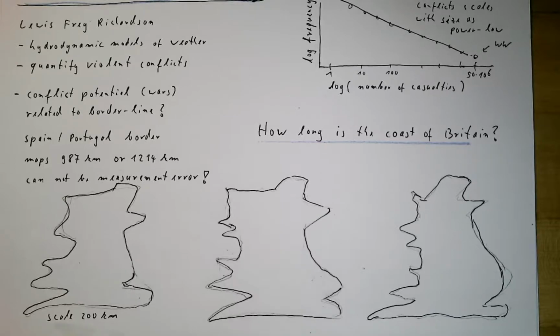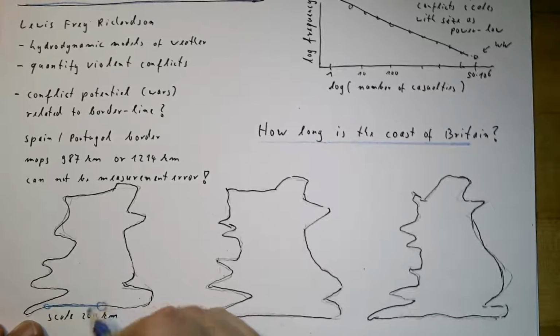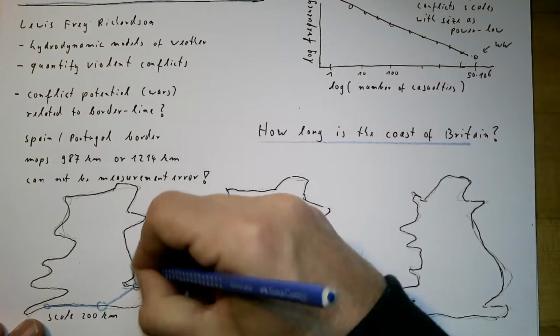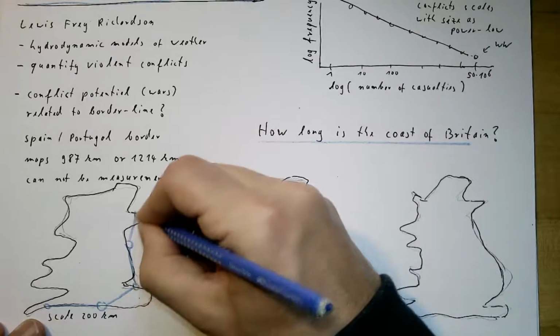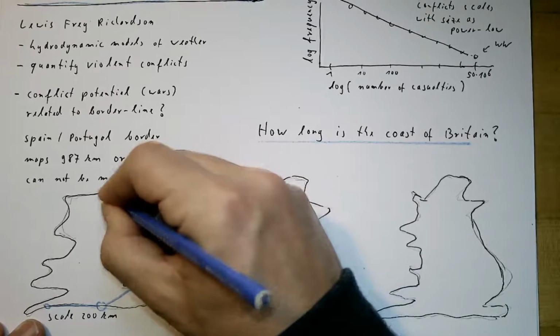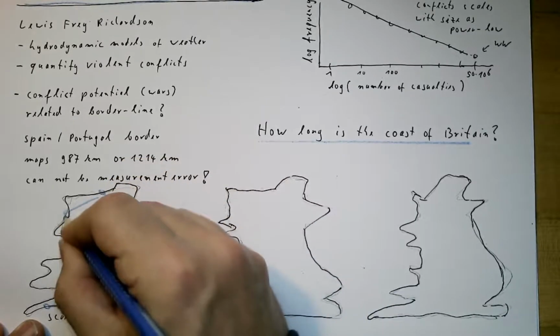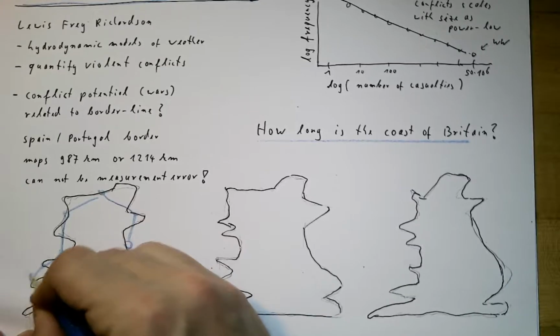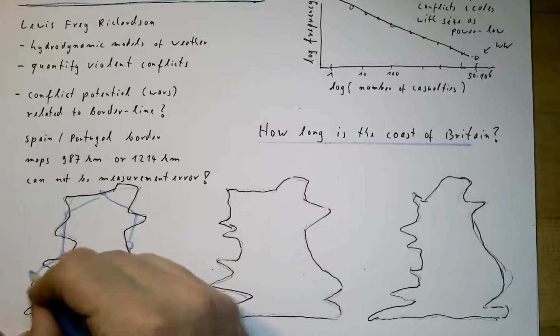So okay, we start somewhere here. And now we make our scales. And then we see how many objects we need. Maybe we have something like this.